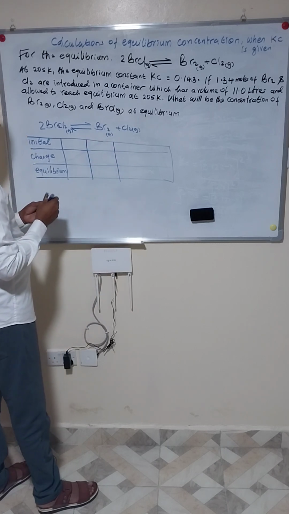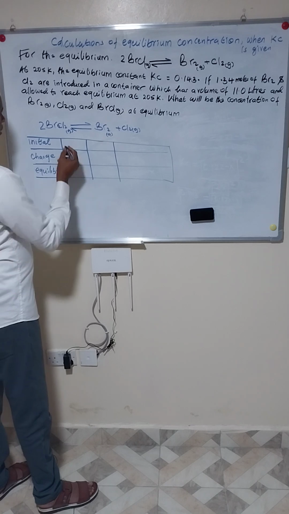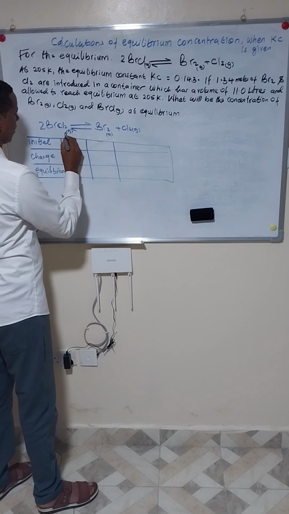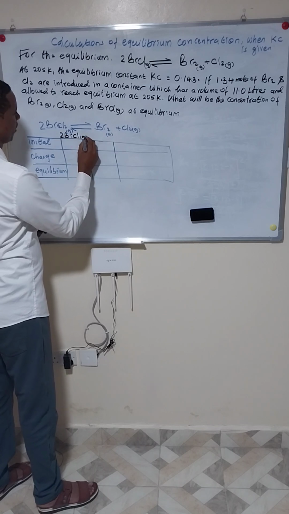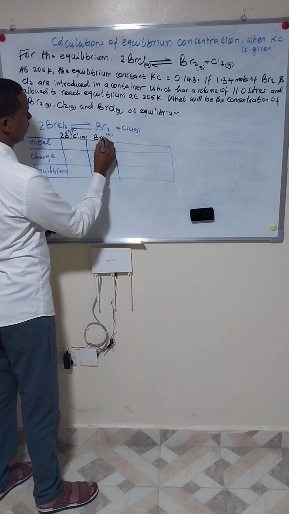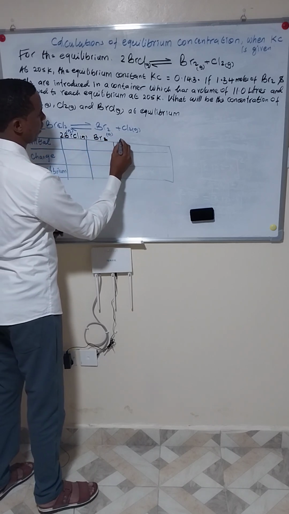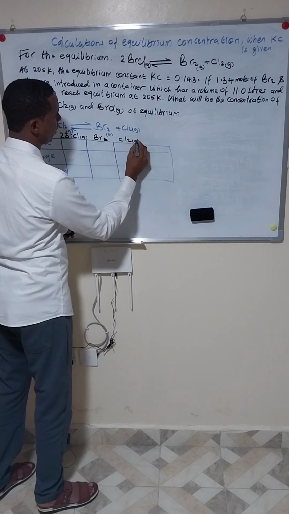So we have got bromochloride here, we've got bromine and chlorine.